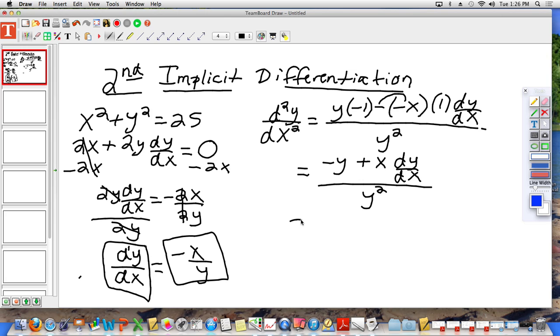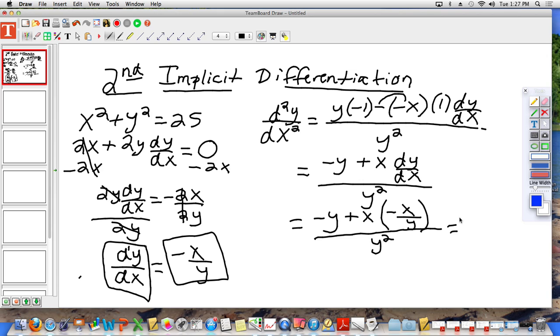So equals negative y plus x. I'm going to replace dy dx with negative x over y, divided by y squared. And I just have to clean it up a little bit, and I'm starting to run out of room, so I am going to squeeze that in over here.